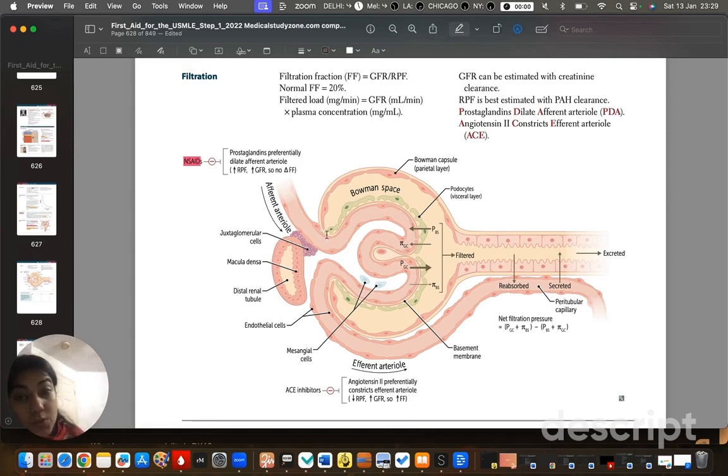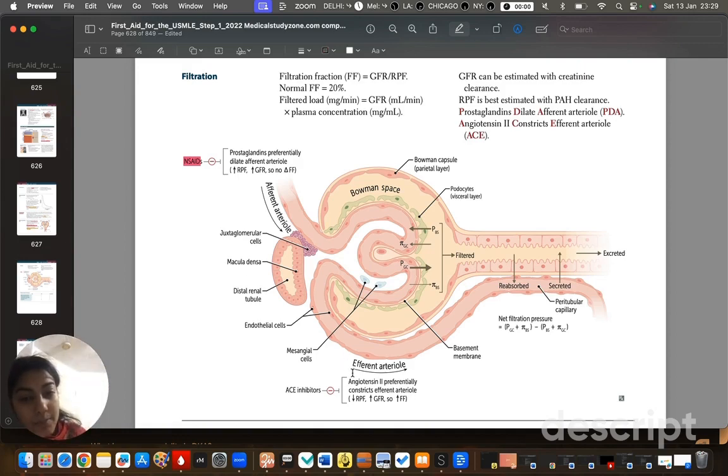So what they do is they counteract the action of this afferent arteriole dilatation, so you don't get this dilatation. And that's why they have a different way of working.